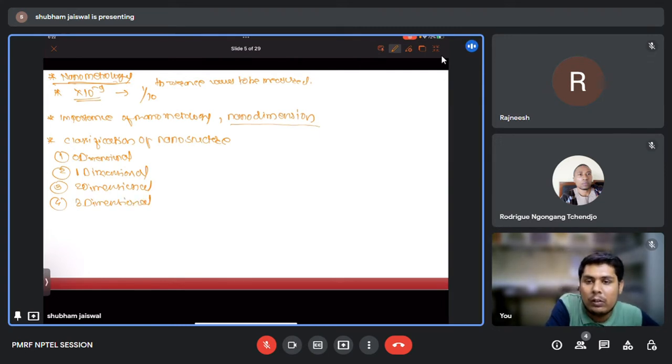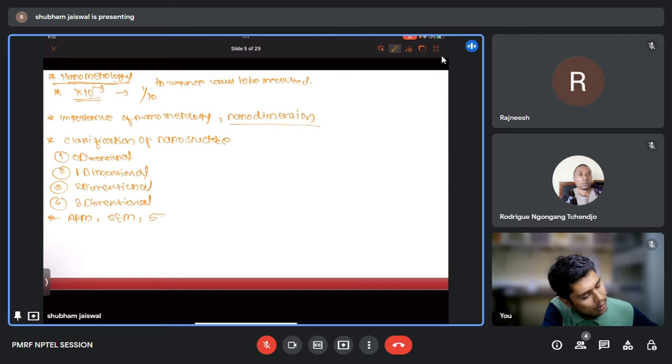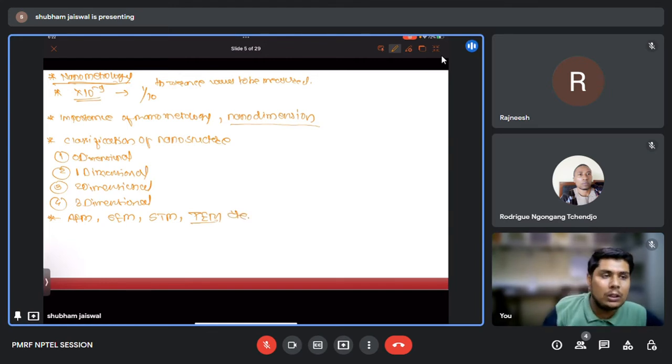After that, we have seen some measuring techniques or measuring instruments that we use for nano level measurement, such as AFM, ACM, STM, and TEM, etc. This we have covered in our last week content.